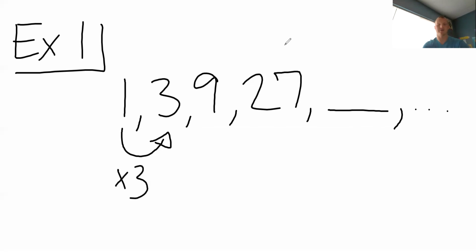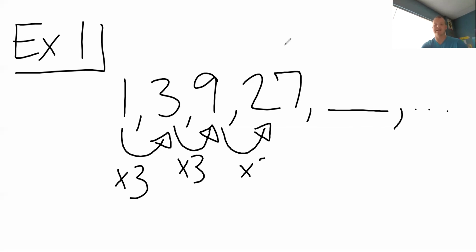Yep, I took 1 times 3, and that equals 3. Brady, how did I get from 3 to 9? No. So you're taking 3 times 3. Each number there, you're multiplying by 3. 9 times 3 is going to be 27.